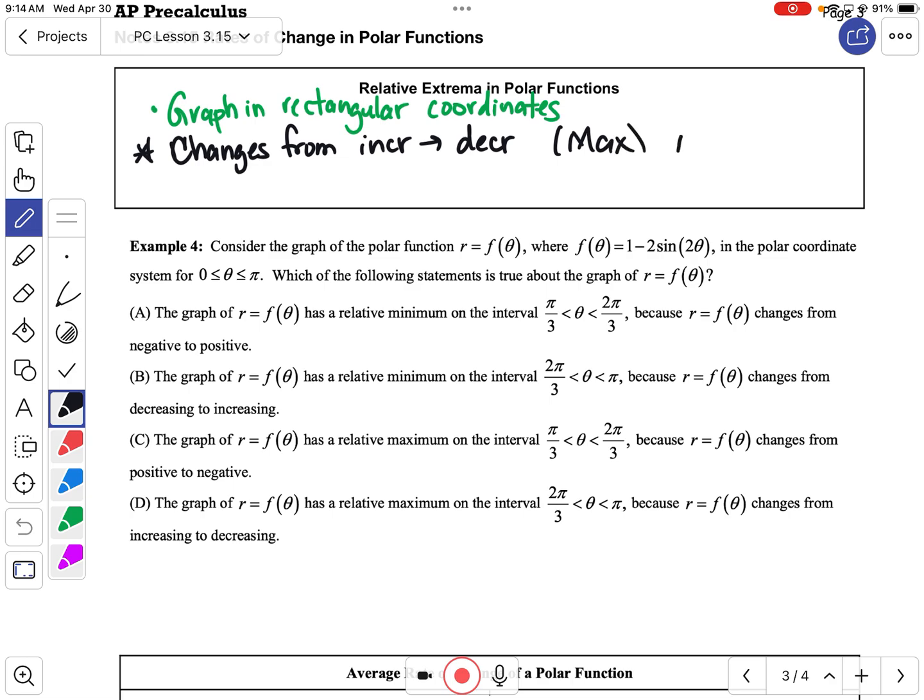If I'm increasing, then I'm decreasing, I'm going to get a max up there at the top. Or where it changes from decreasing to increasing, it's going to give me a minimum. So decrease and increase, I would get that valley point.